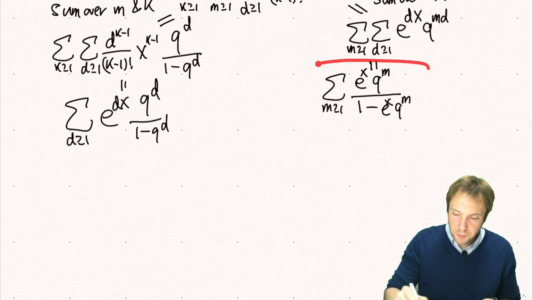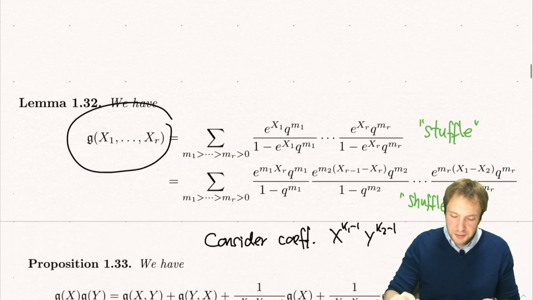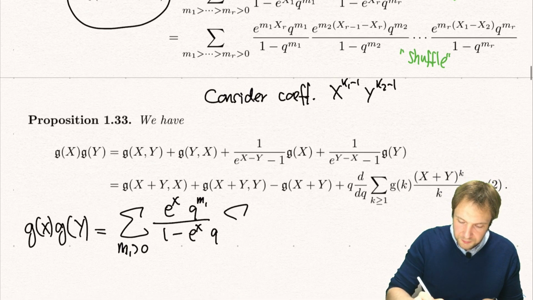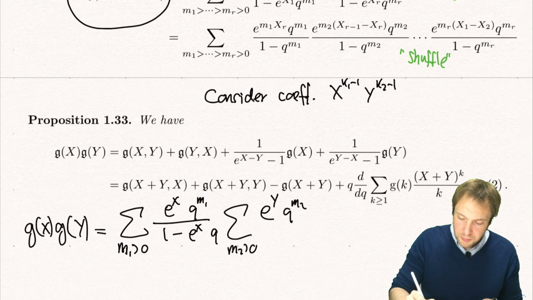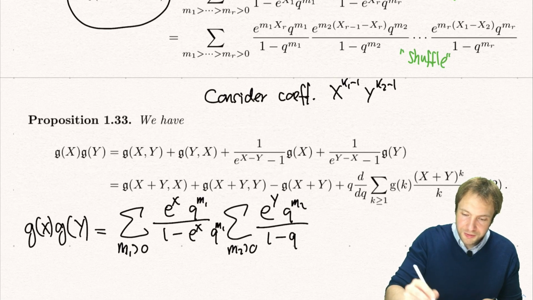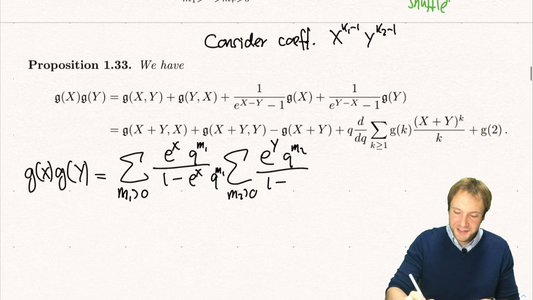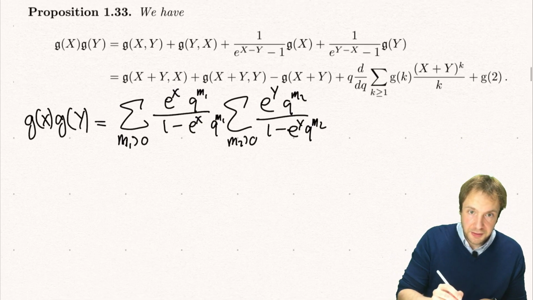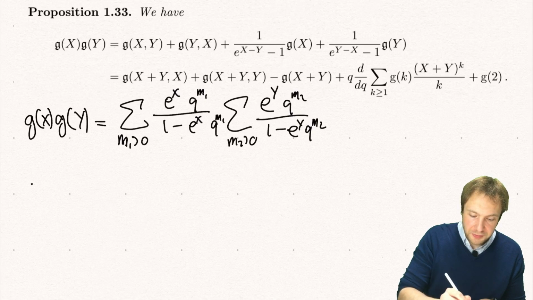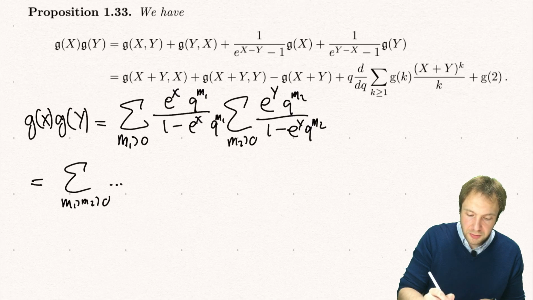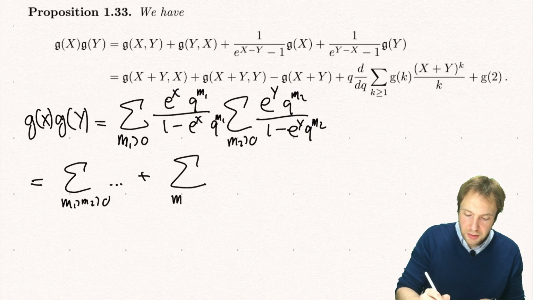Yes, so this is exactly what we calculated here, times e to the y q to the m2 over 1 minus, oh, here's also m1, e y q to the m2. And then it's again the game that we consider the case m1 is greater than m2 greater than 0, and m2 is greater than m1 greater than 0.